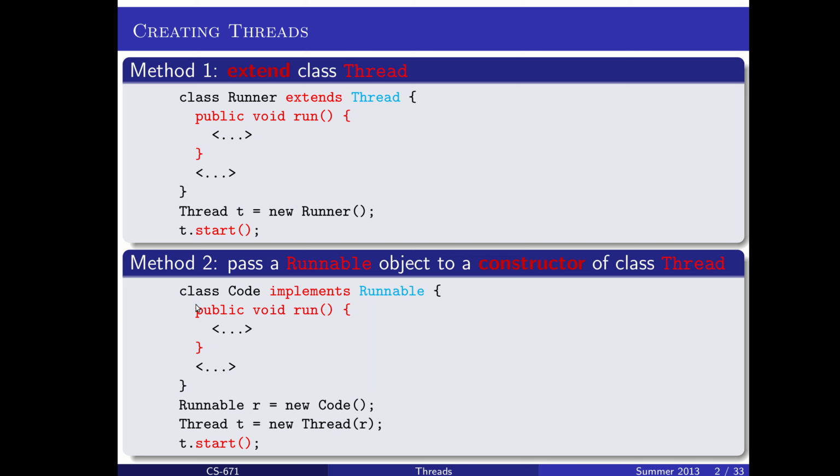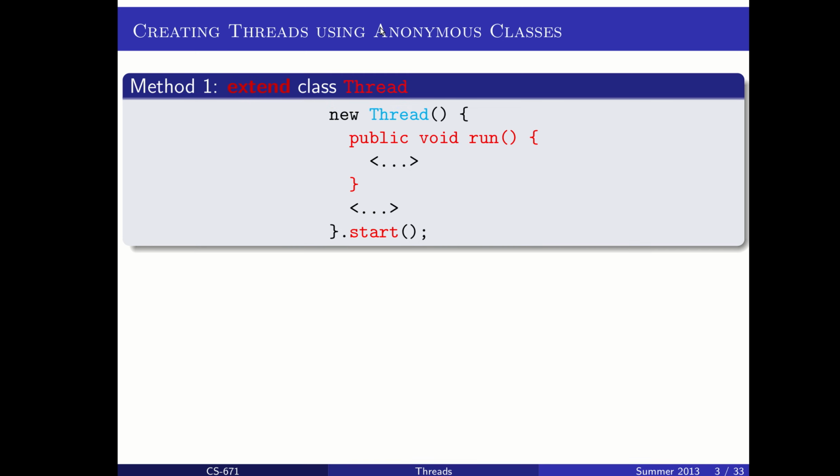Both of them will take a run method, and the question is just whether the thread is your object or whether the thread is given your object. In both cases, we're going to have a thread, and we're going to tell that thread to start running when we're ready. We can also use anonymous classes for our threads.